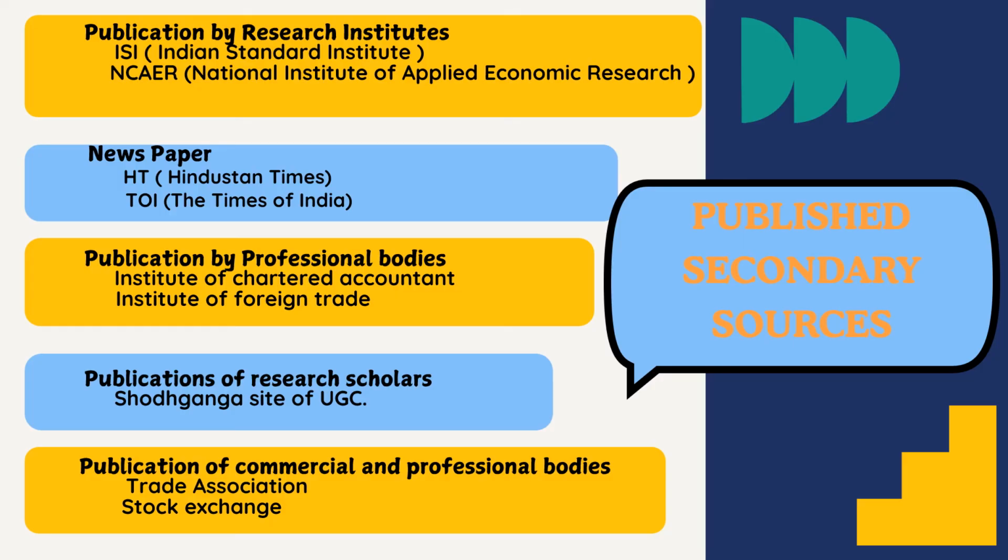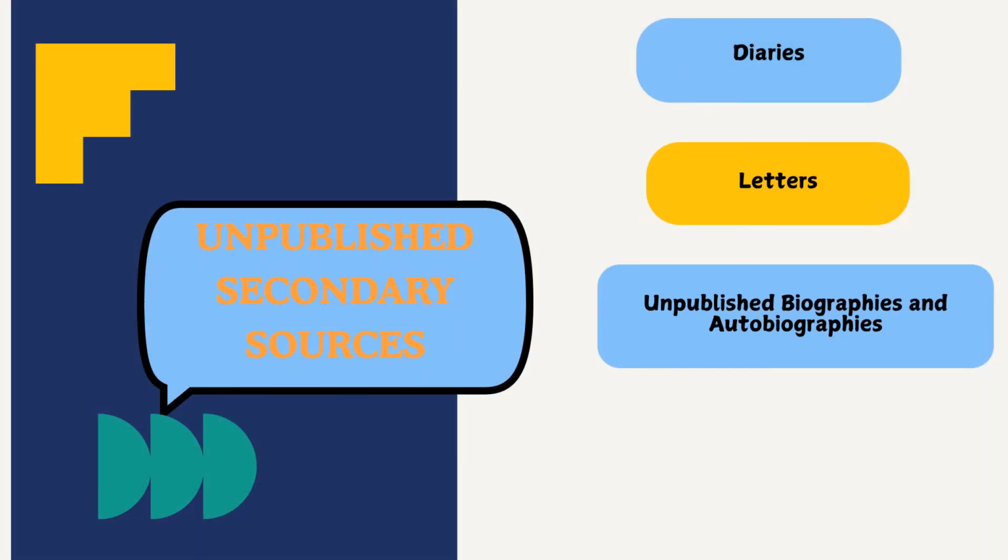The last source of published secondary source can be publications of commercial and professional bodies such as trade associations or the stock exchange. Till now we have studied 10 published secondary sources. Now let's see some unpublished secondary sources.